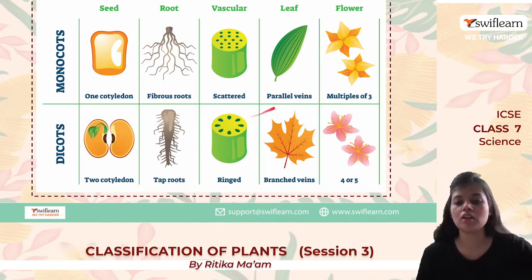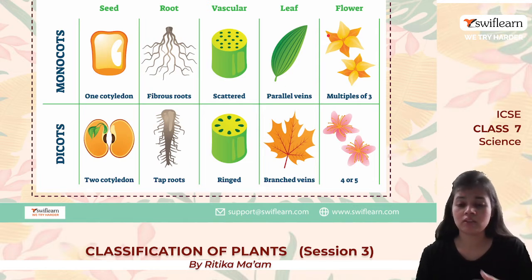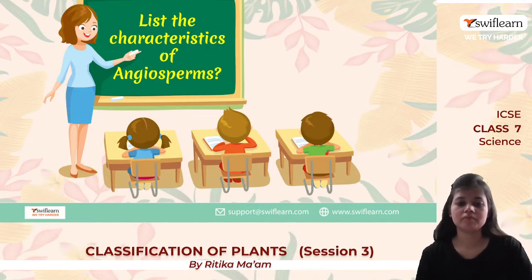Then the leaf of a monocot has parallel veins, and in dicots they have branched veins. You can see the branches arising here. Flowers of monocots are always in multiples of 3, like 3, 6, etc., and dicots have 4 to 5 petals.